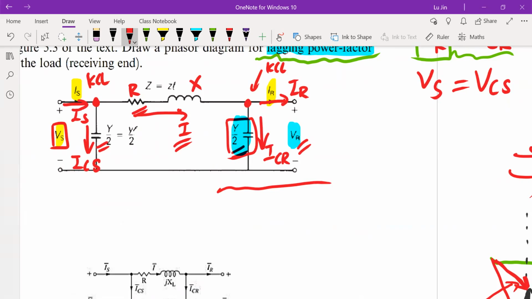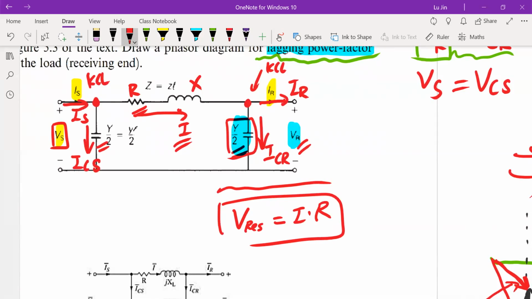By Ohm's law, the voltage across the resistance is equal to the current I multiplied by the resistance R. But for the resistance, its phase angle is 0.